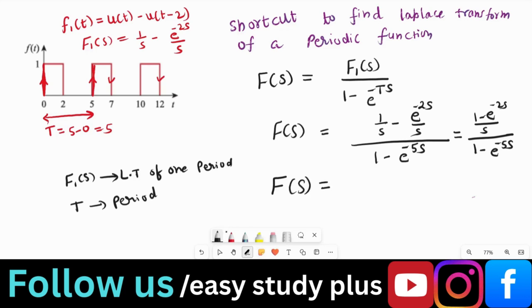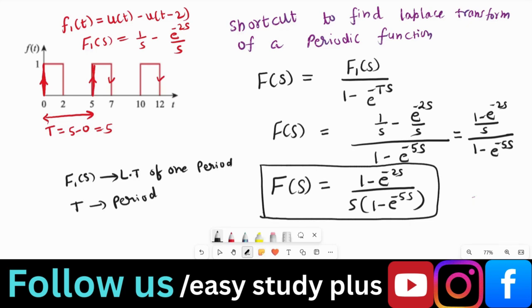S can be multiplied by the denominator, so we can write it like this. That's the answer. It is the same thing we got above. Okay, it is very simple. You have to remember only the formula here and just put the values into the formula.